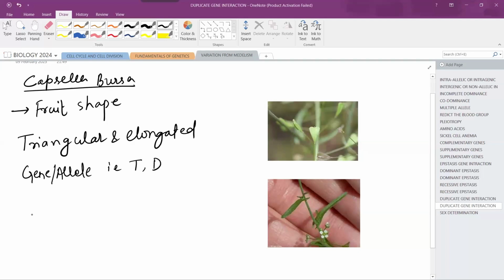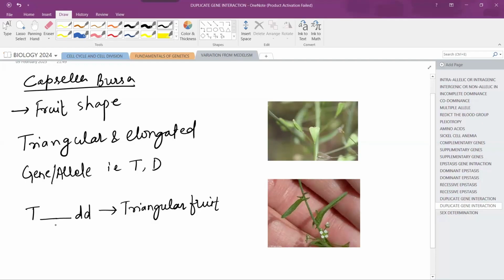There are some conditions. If there is capital T with any other allele, either dominant T or recessive t, and small d and small d, you will get a triangular fruit.